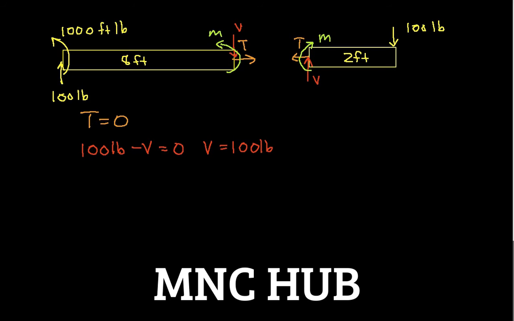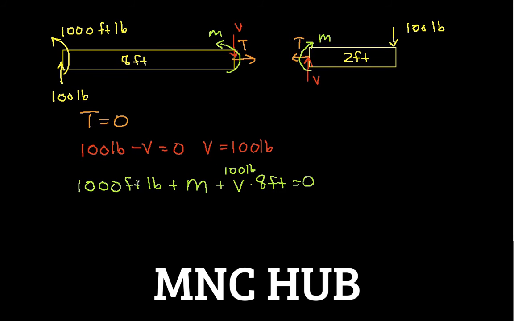Okay, and if we sum the moments, we have 1,000 foot-pounds plus M. Then we also have V pushing down with a moment arm of 8 feet. So we'll have plus V times 8 feet, and this is equal to 0. And so V is 100 pounds.